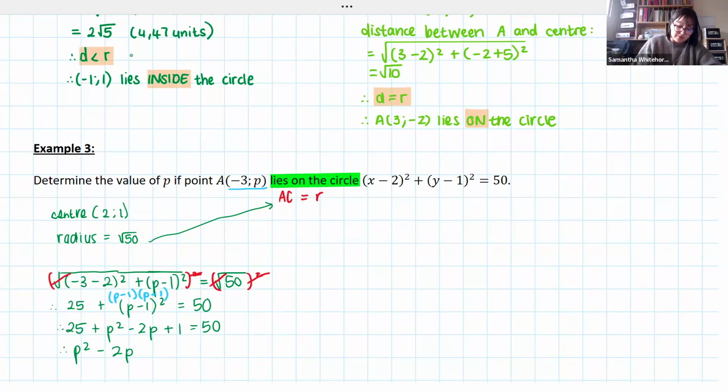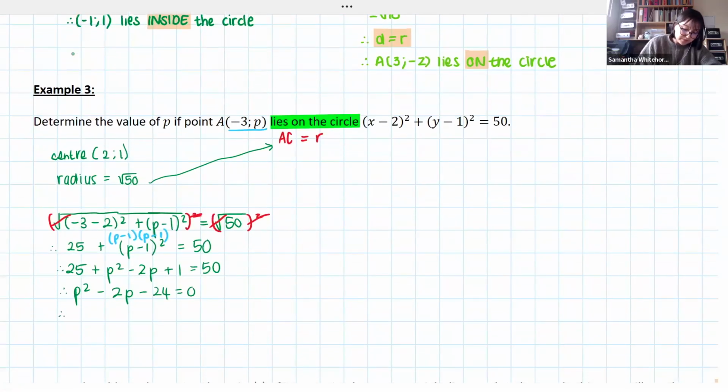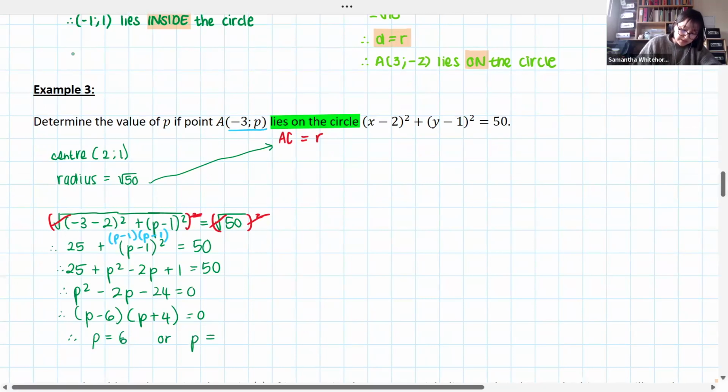But then when I bring that 50 over, it becomes minus 50, so minus 24. And now I factorize. So this is (p - 6)(p + 4). And so my 2 values of p are 6 or -4.